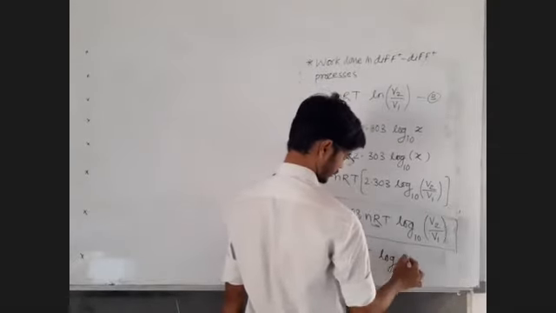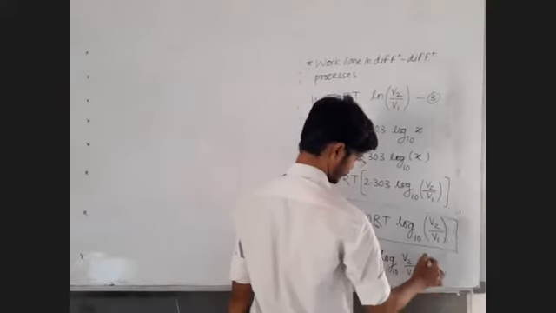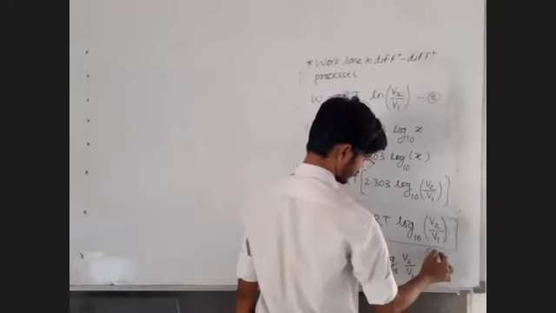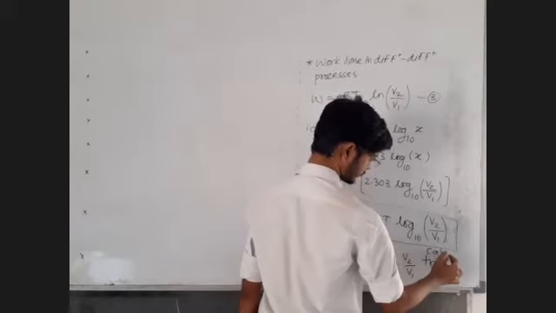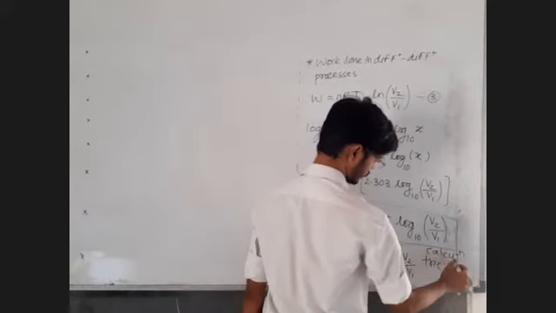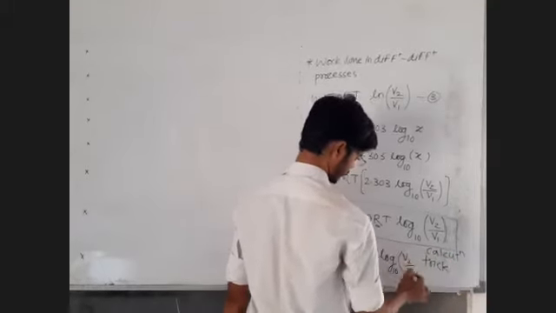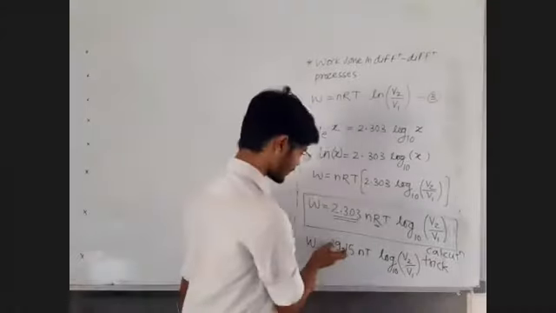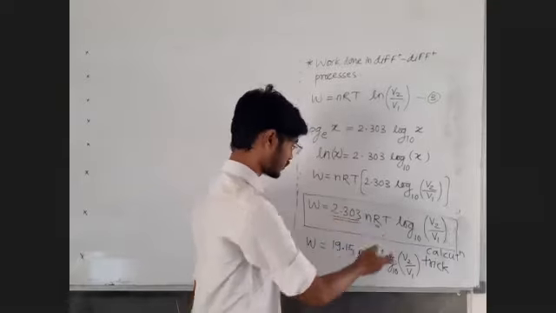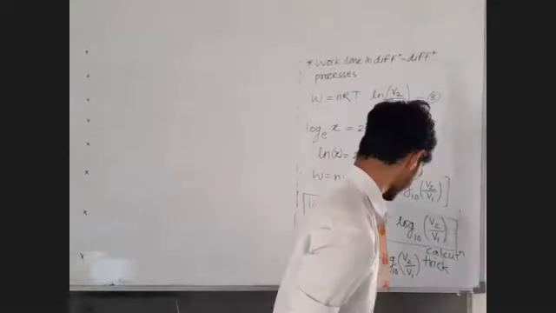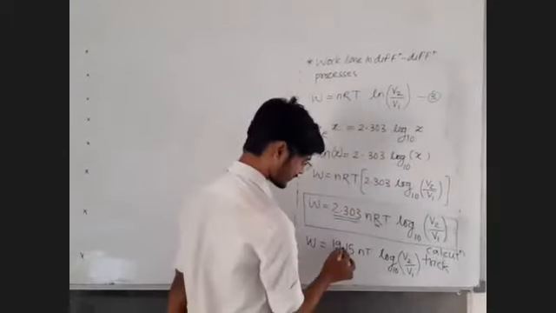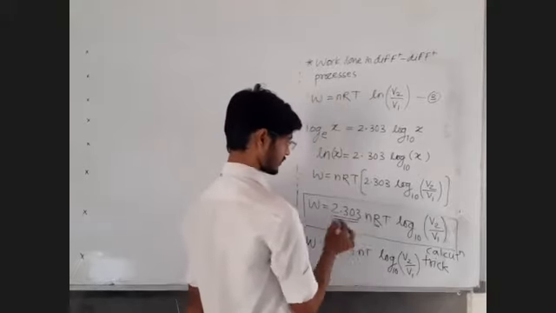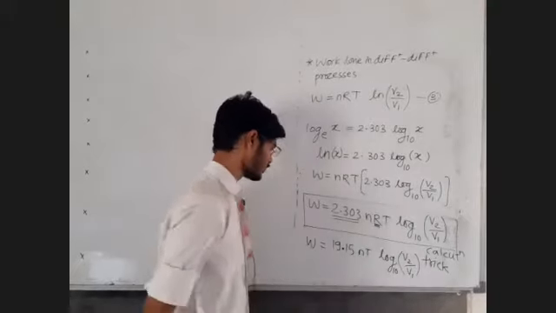So it is 19.15 into T log to the base 10 V2 upon V1, that's it. This is just a calculation trick. This will reduce the calculation, at least it will simplify somewhat.